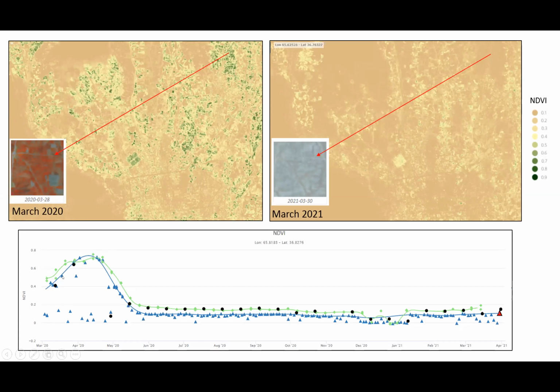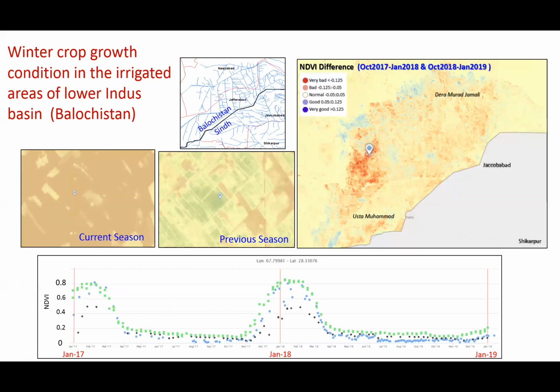But as soon as you go from March onward, you see the crop growth, and April is the peak time. This graph suggests that in 2020 you had crop presence in this area, but when you look at March and April in 2021, there is no crop. So you can see it visually as well as calculate it arithmetically.